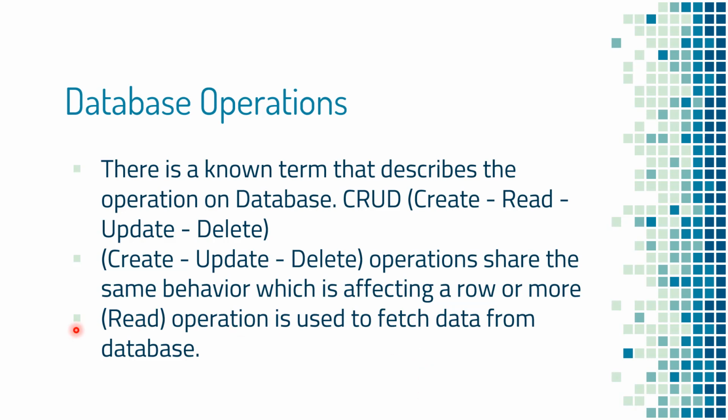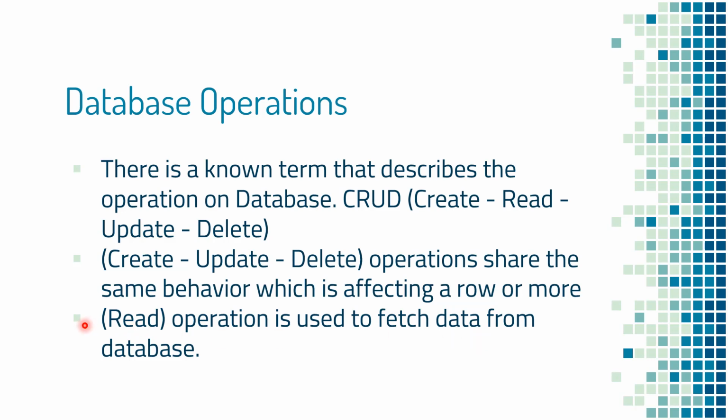The other category is the read. With the read operation, you perform the operation on the database, and the returned value should be rows from the table. It might be just one row or multiple rows.